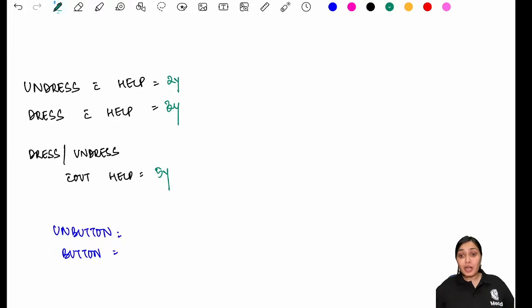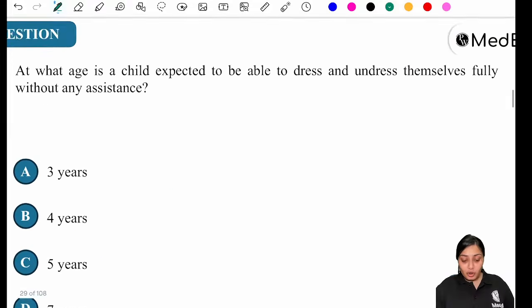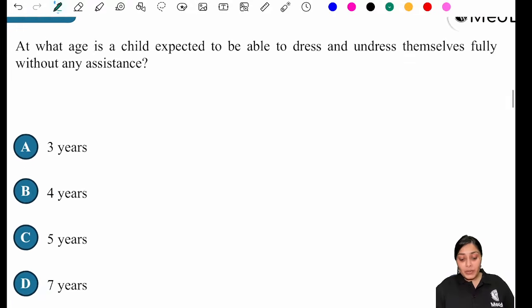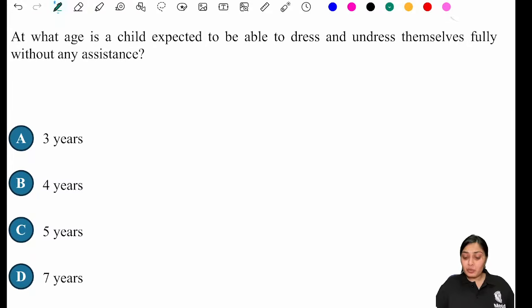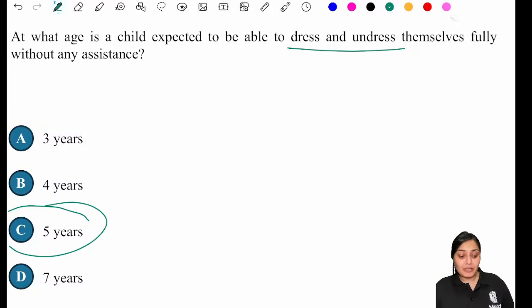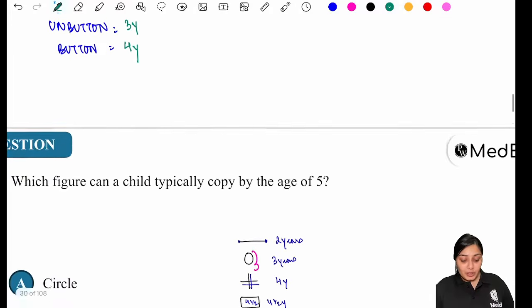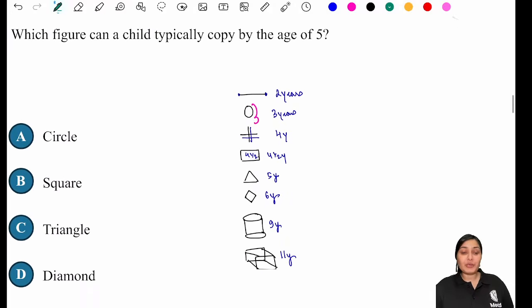And within dressing and undressing, one integrated action is buttoning and unbuttoning. So unbuttoning comes first at 3 years of age and buttoning comes at 4 years of age. So here the question was asking when the child will be able to dress and undress fully without any assistance, without any help. So this comes at option C, that is 5 years of age. Right? So let's start with the next question.